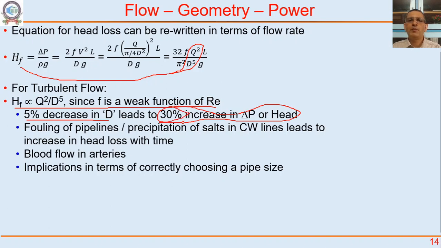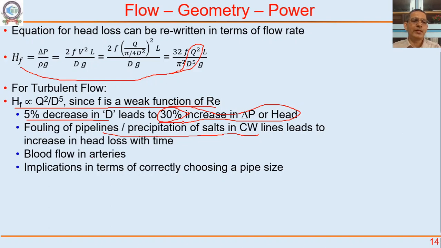Even a small amount of corrosion matters. That's why in plants, pipelines foul with time, foul in the sense that accumulation happens, corrosion happens, rust accumulates, and it leads to a reduction in diameter. The same pipe which was working very beautifully transporting the fluid now has frictional head loss 30% more. That's why it is important to take a pipe of appropriate size. We will see that in another problem later on.